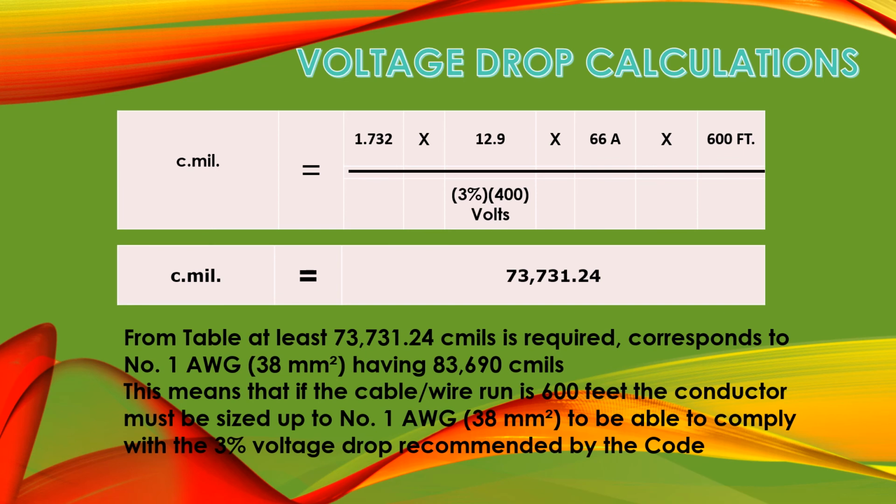We have to use the greater than 73,731, and this corresponds to number 1 American wire gauge, which is equivalent to 38 mm squared, having 83,690 circular mils. This means that if the cable or wire run is 600 feet, the conductor must be sized up to number 1 or 38 mm squared to be able to comply with the 3% voltage drop recommended by the code. Okay, it is clear.